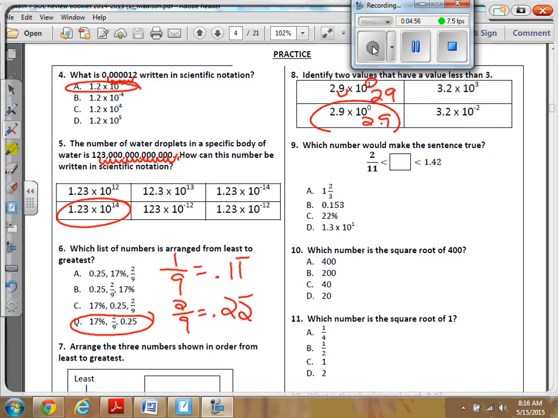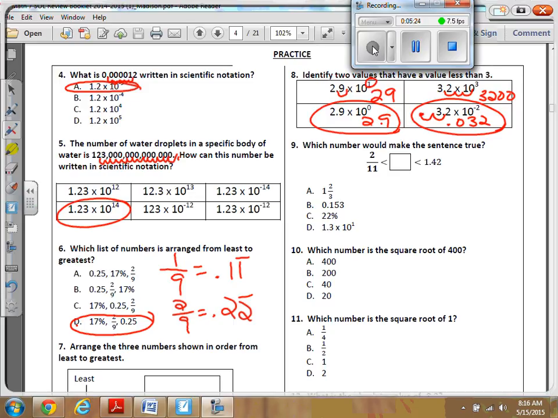Okay. 3.2 times 10 to the 3. How many times do I move the decimal? So 1, 2, 3, so that's 3,200. Is that less than 3? Yeah, it's too much. 3.2 times 10 to the negative 2. How many times do I move the decimal? Which direction? Left. So 1, 2, so that becomes 0.032. Is that less than 3? Okay.